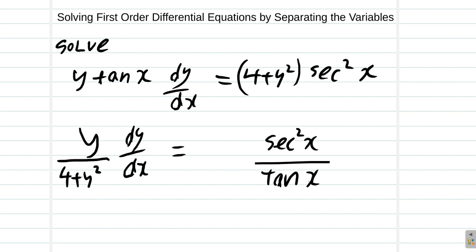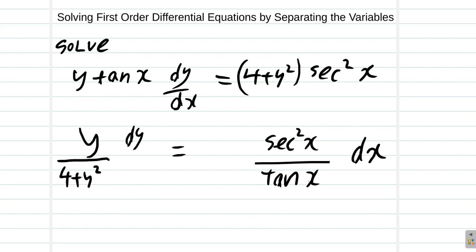Then after that, we multiply by dx. You know, dx, it would cancel itself over here. You would have dx, and it would cancel. So that dx over here would go. So you have y over 4 plus y squared dy equals sec squared x over tan x dx.